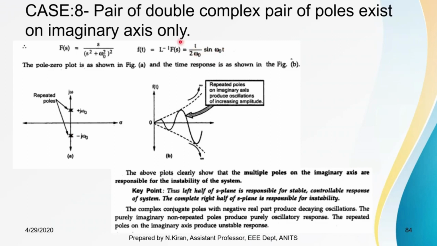So this also produces a sinusoidal oscillatory function, and this will go on increasing till infinity. So this also leads the system to instability. So from this we can conclude that if there are multiple poles on imaginary axis as well as at origin, the system will become unstable.